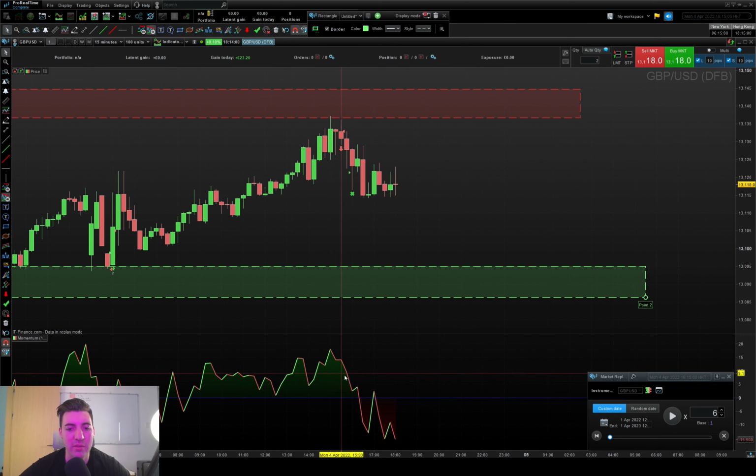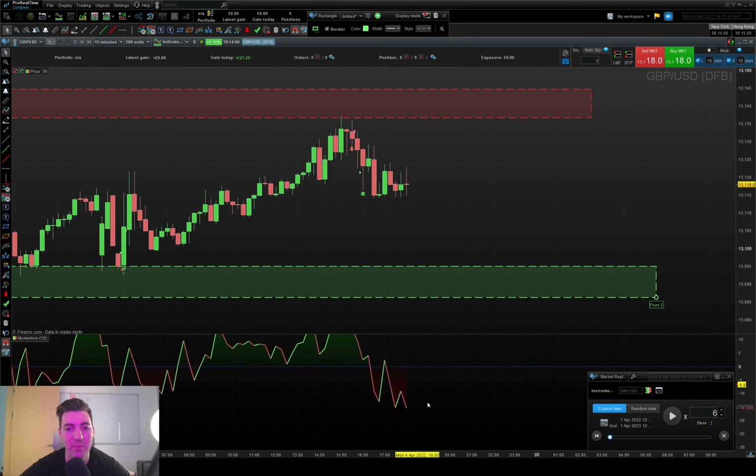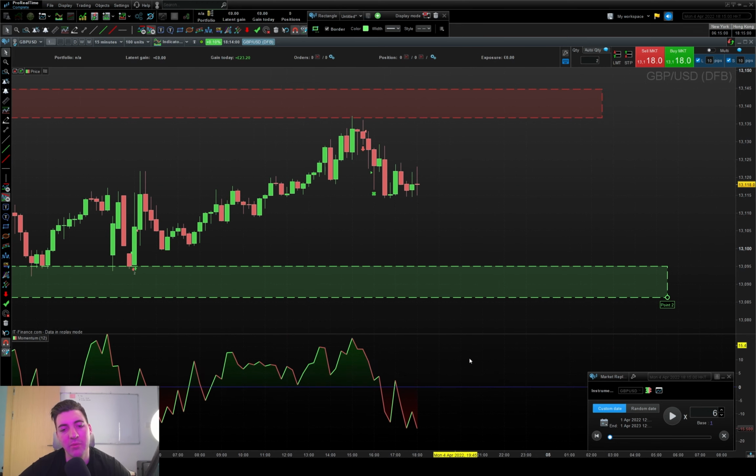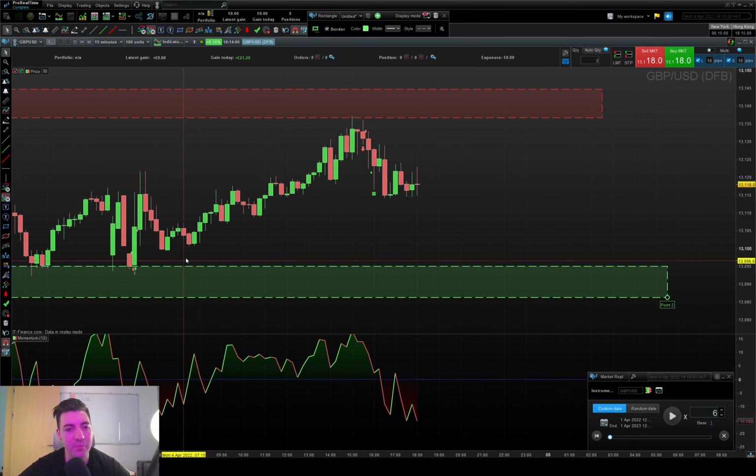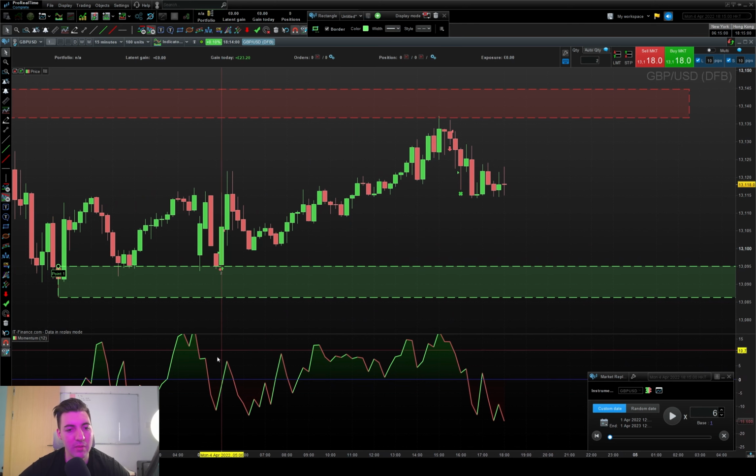Wow, look at this, right? So you can see in the momentum, just so much sell-off here. Look at that, and then boom, straight back up, and we're back into this downside part. So we might begin identifying a new demand zone because, let's say this is our previous level.